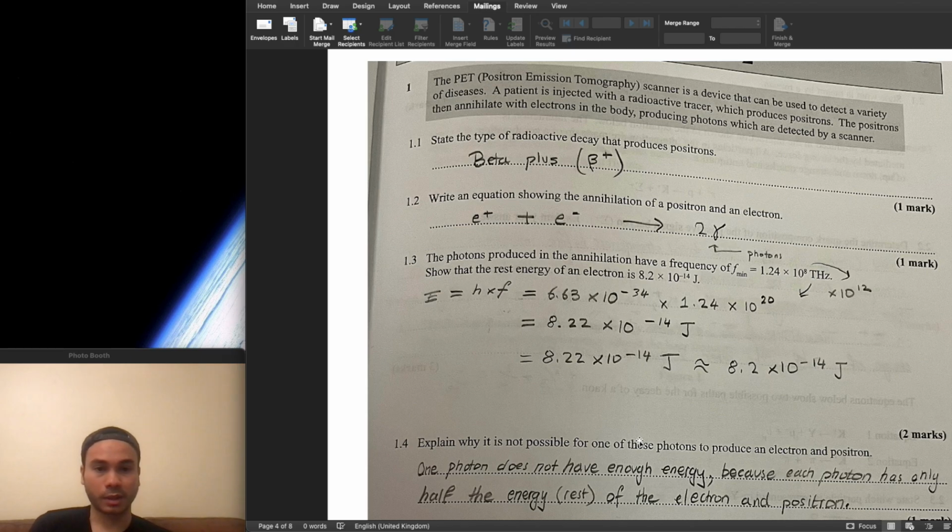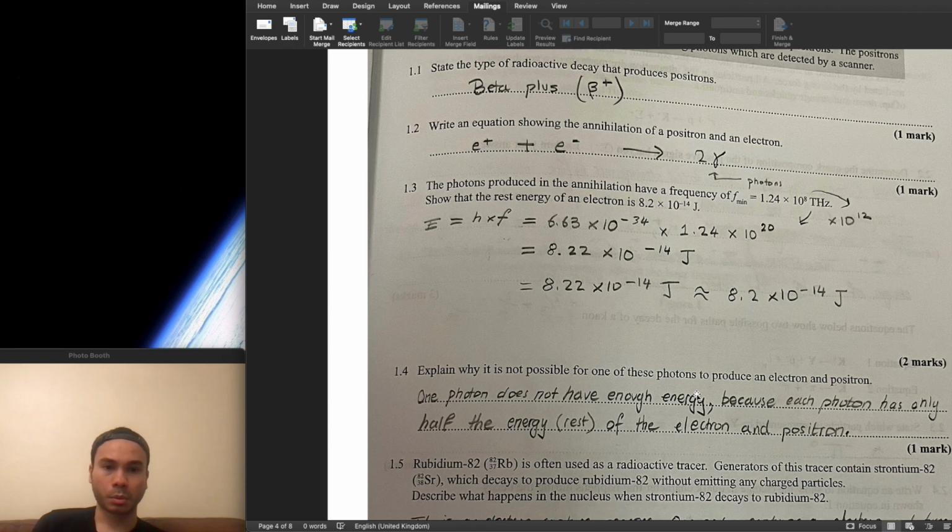So it's going to be 6.63 times 10 to the minus 34, which you can find in your data sheet, which is Planck's constant, times 1.24 times 10 to the 20. We add the 12 to the 8 in the power there, because it's terahertz, and we want it all in SI units, we want it in hertz, and it becomes 8.22 times 10 to the minus 14 joules, which is what the question wanted us to prove.